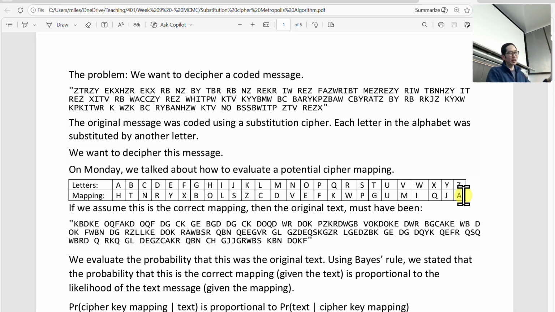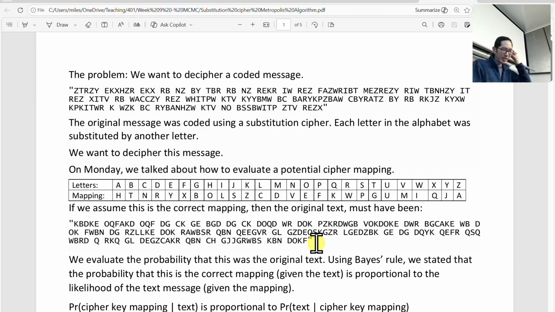But then you apply it and you say, okay, I have a Z. Z means the original letter was K, and then I have a T, and so T means the original letter was a B, and you go through this thing, Z, T, R, Z, Y becomes K, B, D, K, E, and you apply this, and this is supposedly the deciphered text.